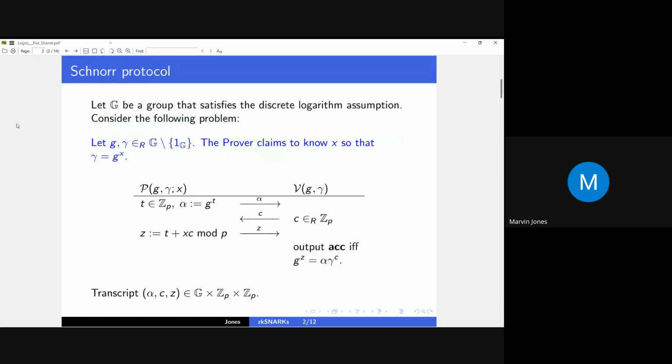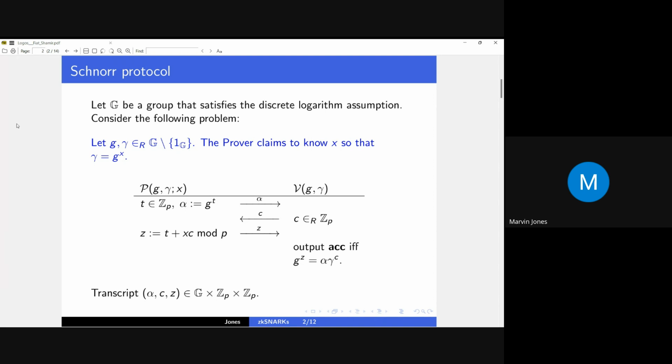But let's begin. To begin talking about a weak Fiat-Shamir attack, we really need to have our standard example of protocols, which is the Schnorr protocol. With the Schnorr protocol, we just have the prover and the verifier exchanging messages.